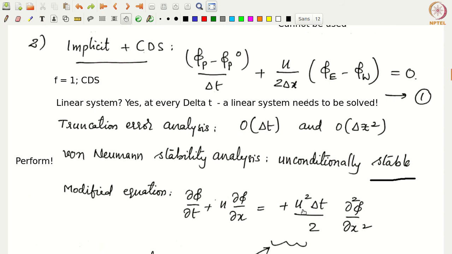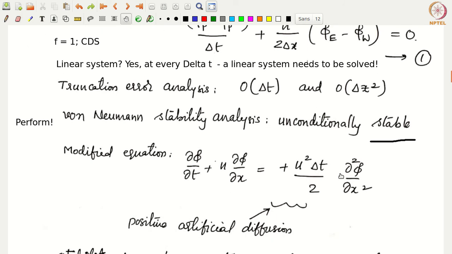Is that straightforward to see? Because we have just changed the time stepping here. If you perform the modified equation analysis, you will be able to see that. Essentially u square delta t by 2 dou square phi by dou t square. So again we got a diffusion like term, with a positive value for the diffusion coefficient. That means this also acts mostly like an upwind scheme, right?